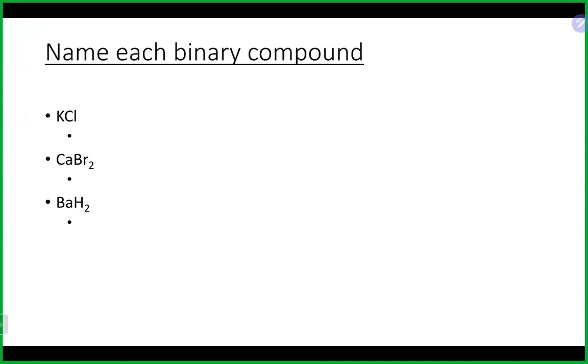All right, so why don't you try some here? Why don't you also try to write some formulas? Let me make up some names here. Let's go with sodium nitride. Let's do aluminum oxide.